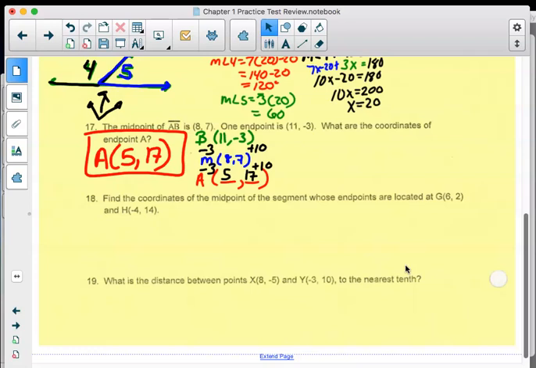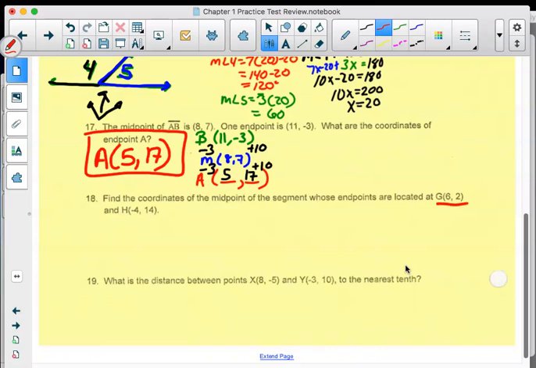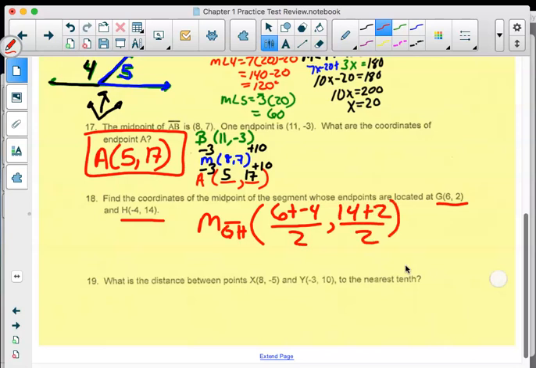Got it. 18. Find the coordinates of the midpoint of the segment whose endpoints are located at (6, 2) and (-4, 14). Remember, the midpoint of segment GH is going to be 6 plus -4, the average of the x's, and 14 plus 2, the average of the y's.